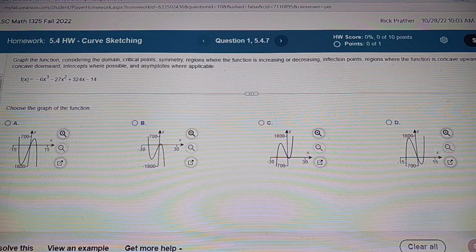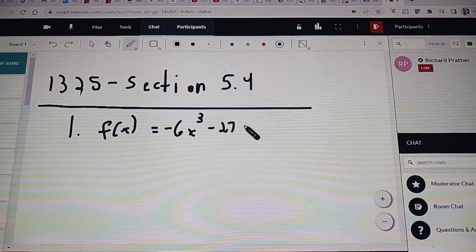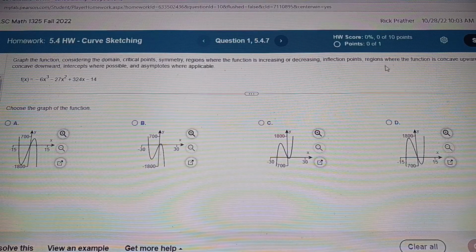Negative 6x cubed minus 27x squared plus 324x and minus 14.